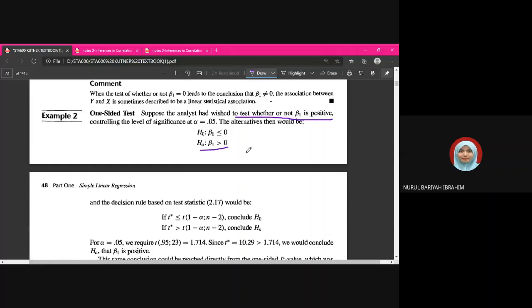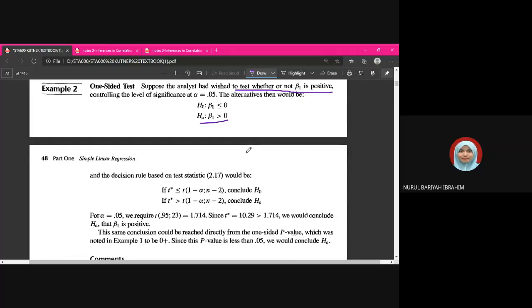Apa yang berbeza di sini adalah dia punya test statistik sama, which is slope divide dengan standard deviation of the slope. Cuma berbezanya adalah dekat decision rule, we reject H0 if the t statistic, tiada lagi absolute, t statistic more than the critical value t 1 minus alpha, bukannya alpha over 2 sebab one-sided.